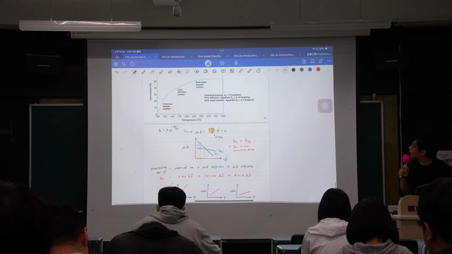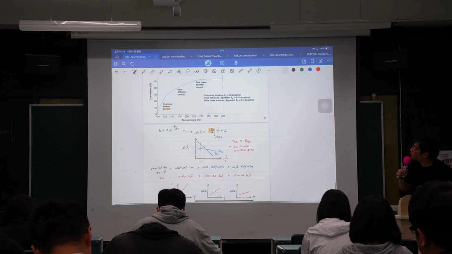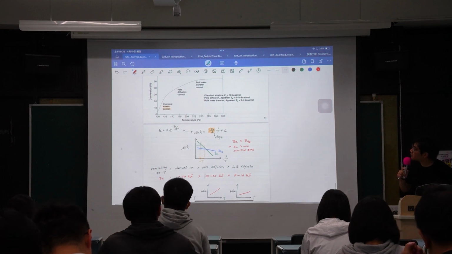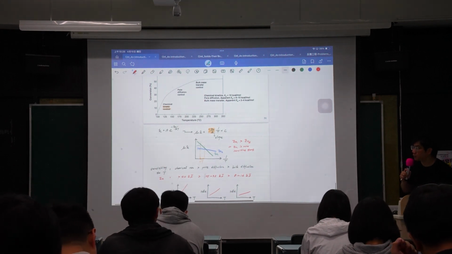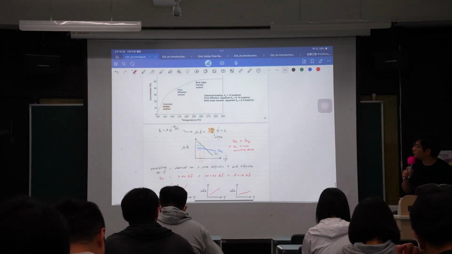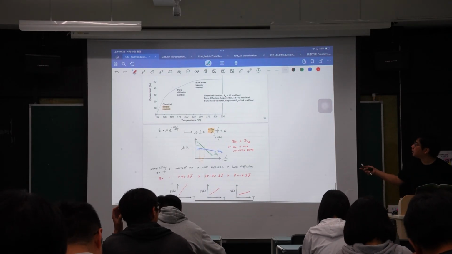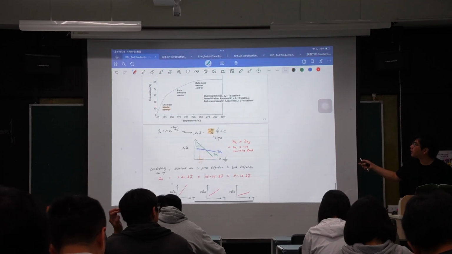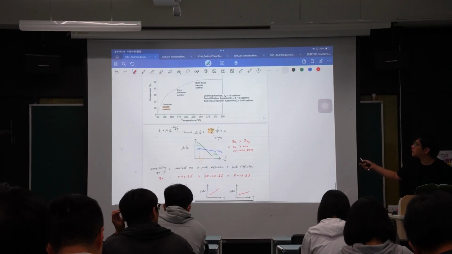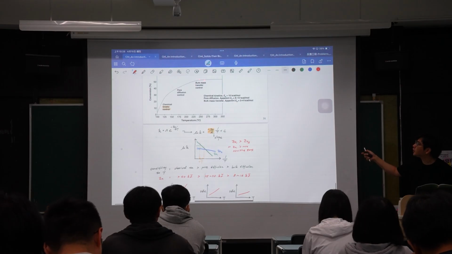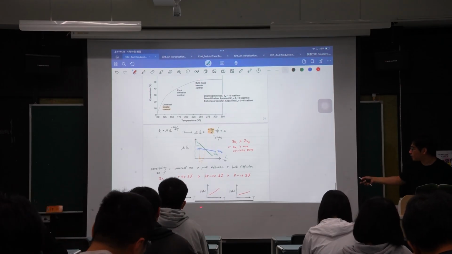So now you can understand the figure for conversion percent versus temperature. Okay, you see, here is the most sensitive, and here is the less sensitive.